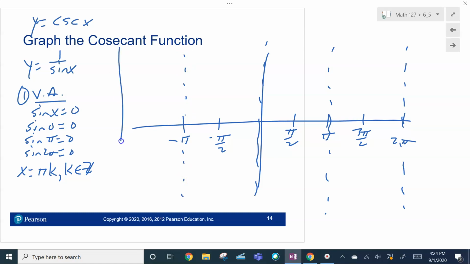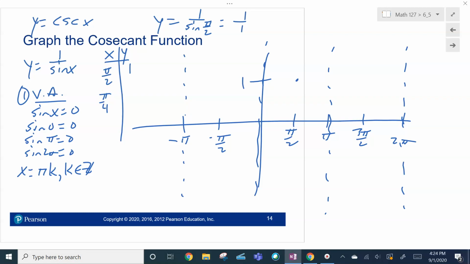And then we could just plot some points. So let's throw in pi halves. I know the sine, so this is 1 over sine of pi halves, which is, sine of pi halves is 1. So that's 1. At pi halves, I've got 1. I can throw in like pi fourths.